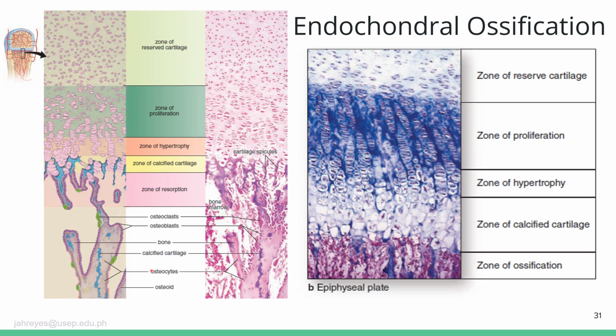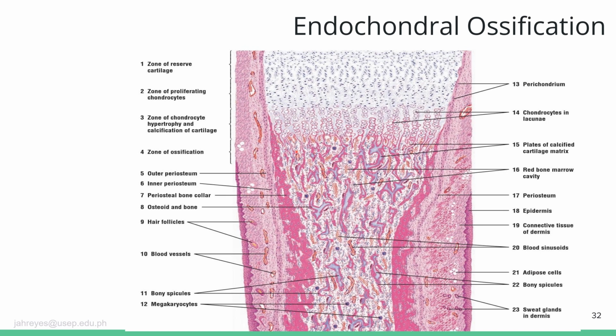And this is how they appear from the bone when magnified. So this is another illustration of endochondral ossification from the zone of reserve cartilage up to the zone of ossification, and this contains the deeper layers of the bone, including the medullary cavity.